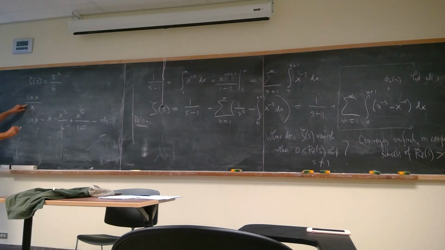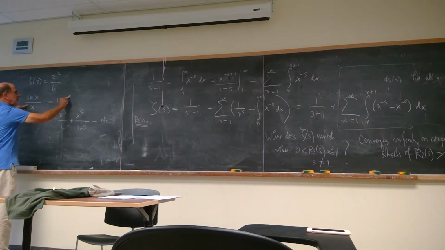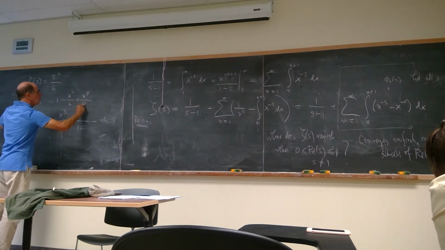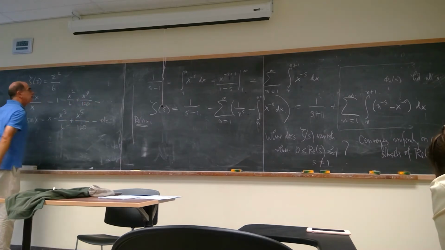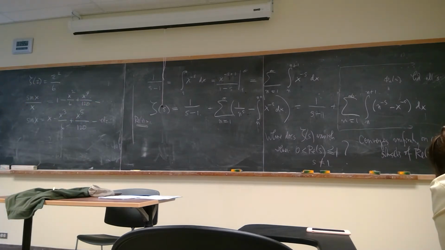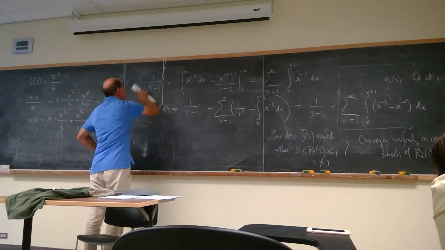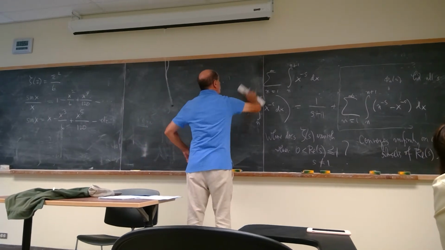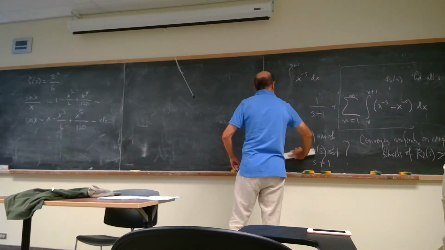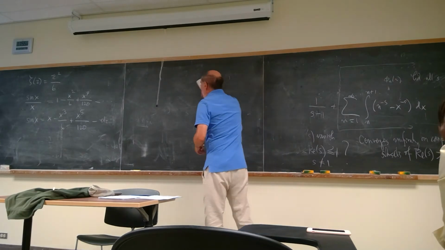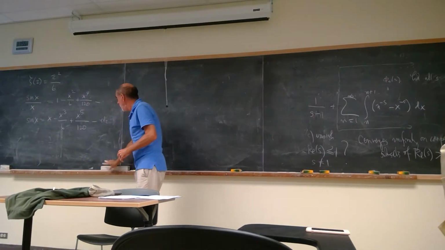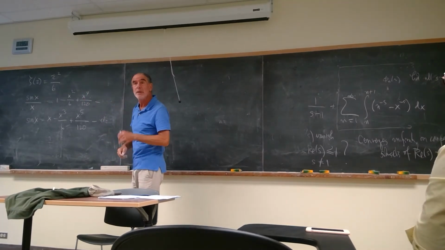Anyhow, we know sine x, so we know sine x over x. That starts 1 minus x squared over 6 plus x to the 4th over 120 minus x to the 6th over 5040, using the factorials. Okay? Good? So Euler said, look, let's pretend that this function is a polynomial, and for a polynomial, if I know its value at a point and I know where the zeros are, I can write a product expansion for it.